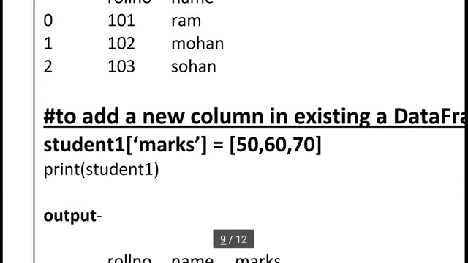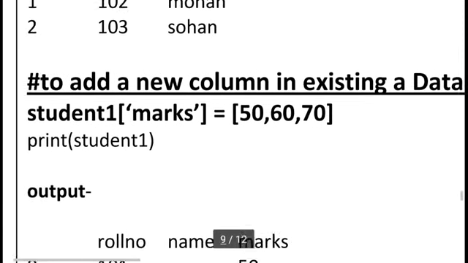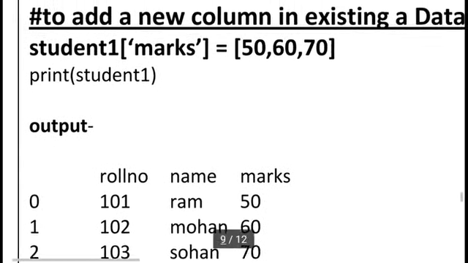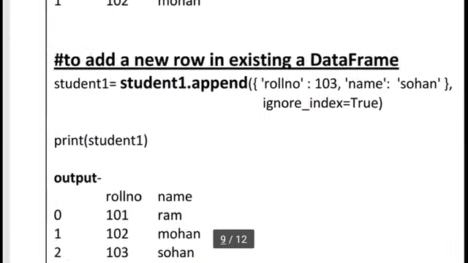So for this I am writing the values here, and print student1. Now output is here, you can see the new column marks 50, 60 and 70 already added in the student1 data frame. So adding a new column is a very simple process, but adding a new row, you keep this statement, always remember.